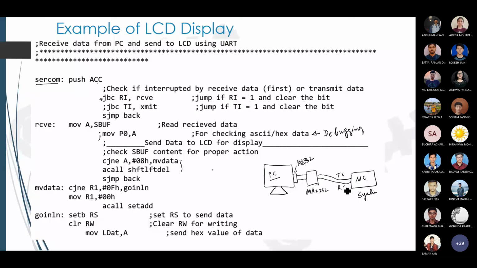Okay. So in the terminal application, you are inserting the input character, and this microcontroller is connected to the LED units, right?